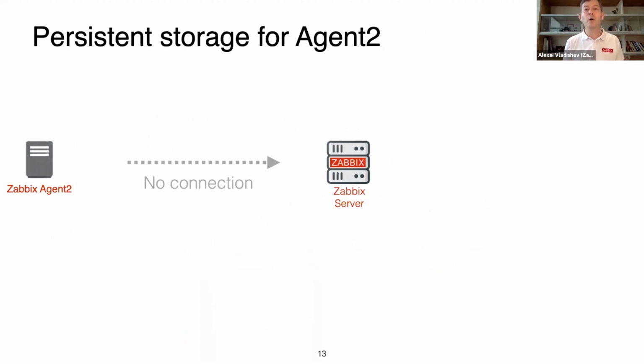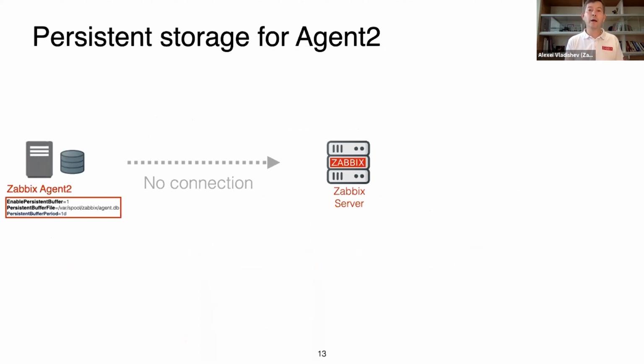Zabbix 5.0 introduced support of persistent storage for Zabbix agent. It basically means that if you have no connection between Zabbix agent and Zabbix server, Zabbix agent will be able to keep data locally, basically in a local file system, not only in memory, as it was supported before, but it can also store collected data in the local file system.